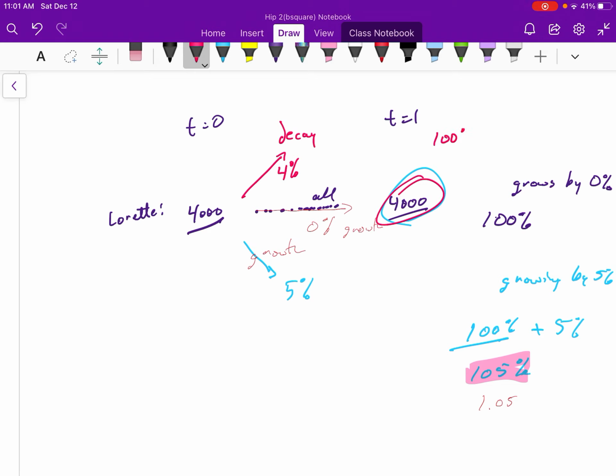We would have 100% of the previous population, except we lost 4%. In other words, it's a decline of 4%. However, we would say that it is 96% of the previous year's total. And if we move that into a decimal, it'd be 0.96.